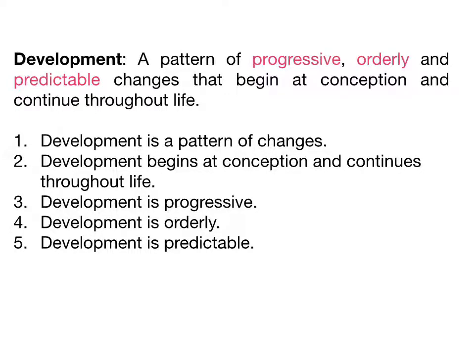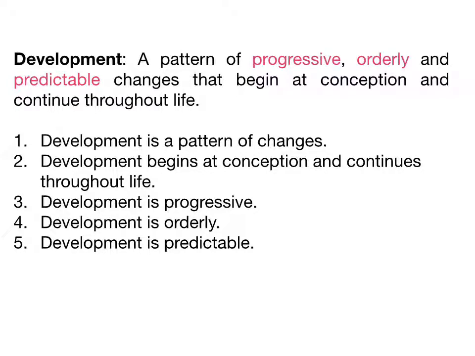Once the child has mastered standing with support, will the child be able to stand without support? And once the child is able to stand without support, will the child be able to walk? Hence, these 4 stages, crawling, standing with support, standing without support, and walking, are all related to each other.